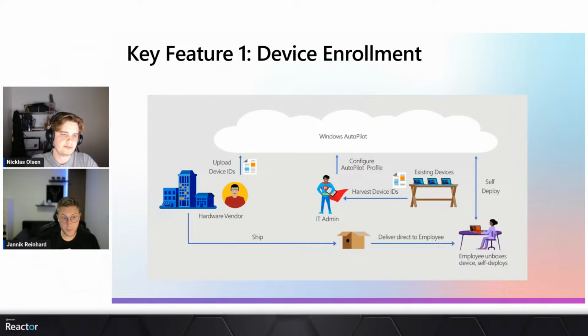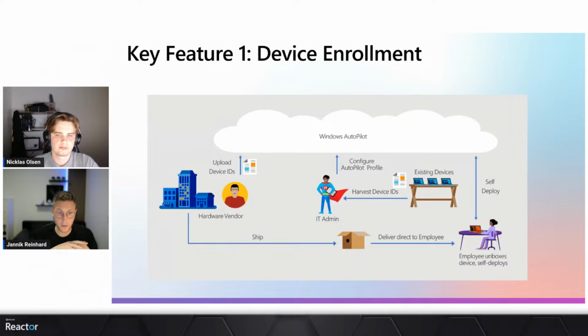Good. With this, we want to jump back to the whole Autopilot process. I will show you how the whole thing works and what's the nice thing about it. In the end, you have a hardware vendor who produces your devices, and we have to marry these devices with your Intune tenant. Here you have two possibilities.